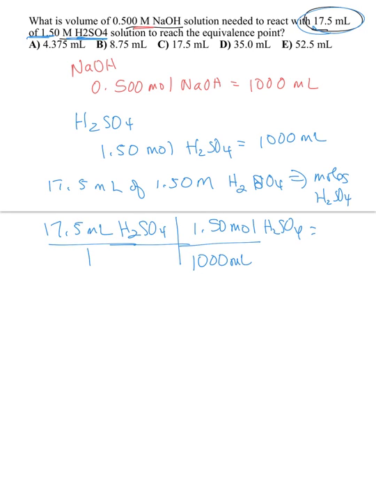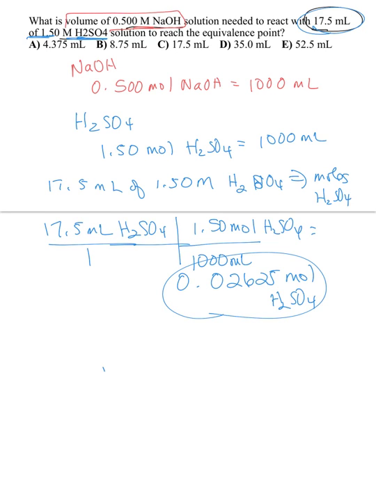So that's the power of the concentration. So let's go ahead and get our moles of sulfuric acid. 17.5 times 1.5 divided by 1,000. So that gives us 0.02625 mole of H2SO4.